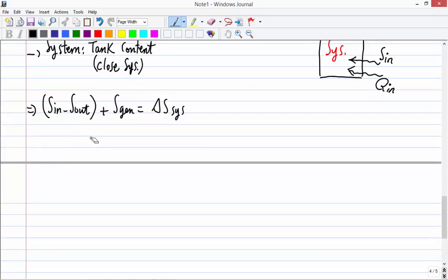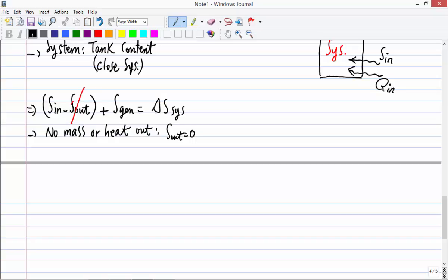So we need to take some assumptions. The first one is no mass or heat out, so the S out would be zero. There's nothing, no heat or mass, to carry the entropy out of the system. So that term would be zero.